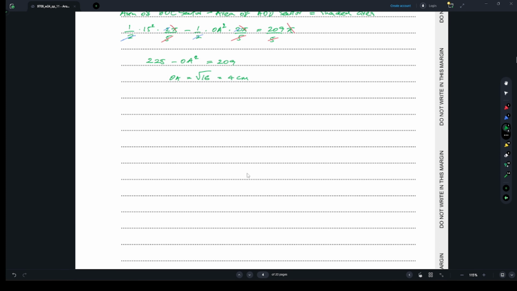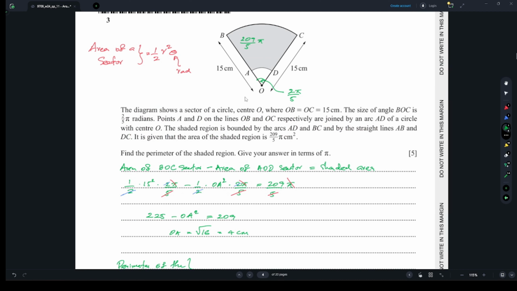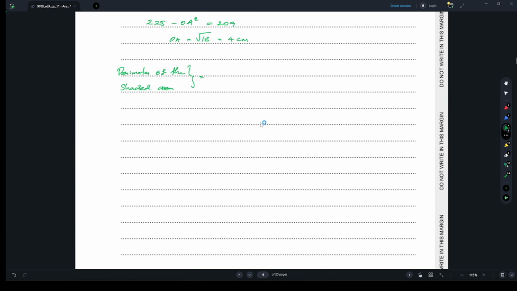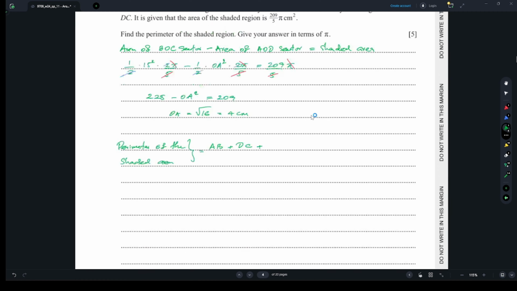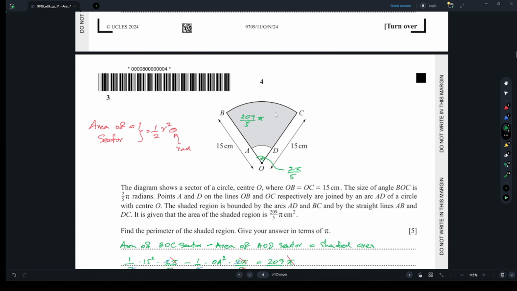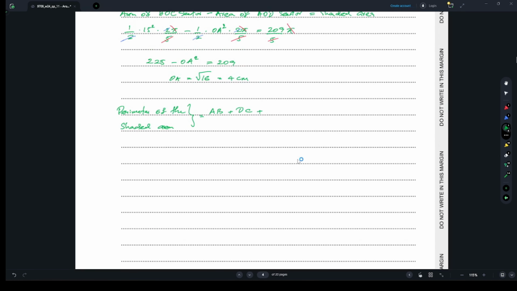Okay, so now you can write the perimeter of the shaded area. So let's write perimeter of the shaded area. How can we write it? For the perimeter, we should know the AB distance plus DC distance, and then the arcs, so the AD arc plus the BC arc.